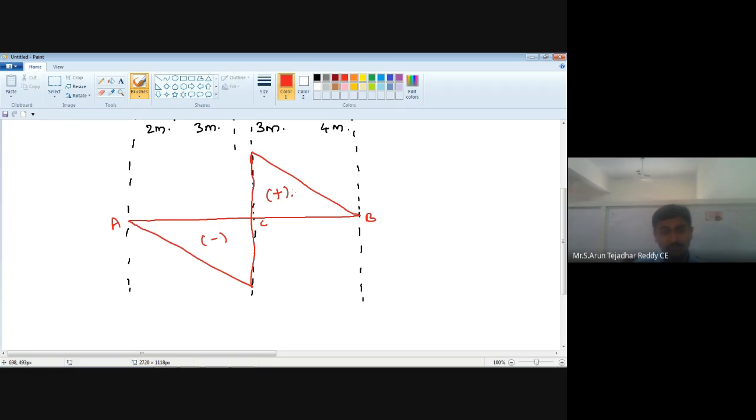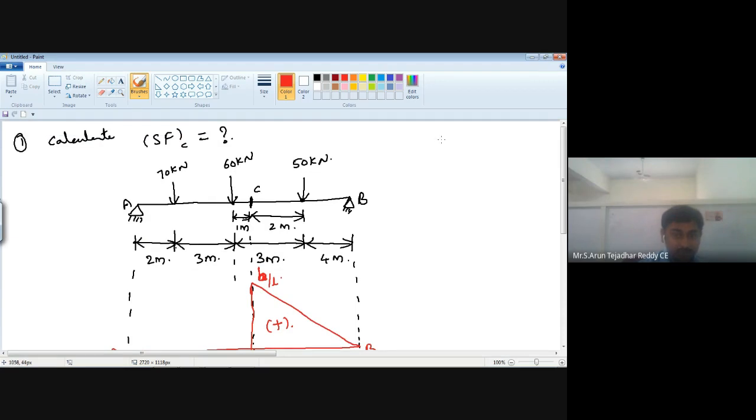Same diagram place here. And here we have this is A by L, and here it is B by L, and here it is A by L. And what about A and B value here?